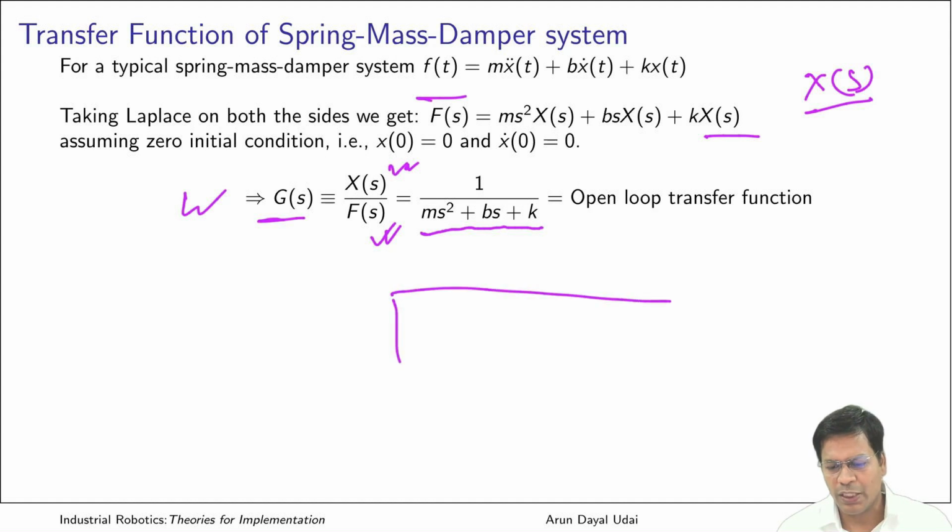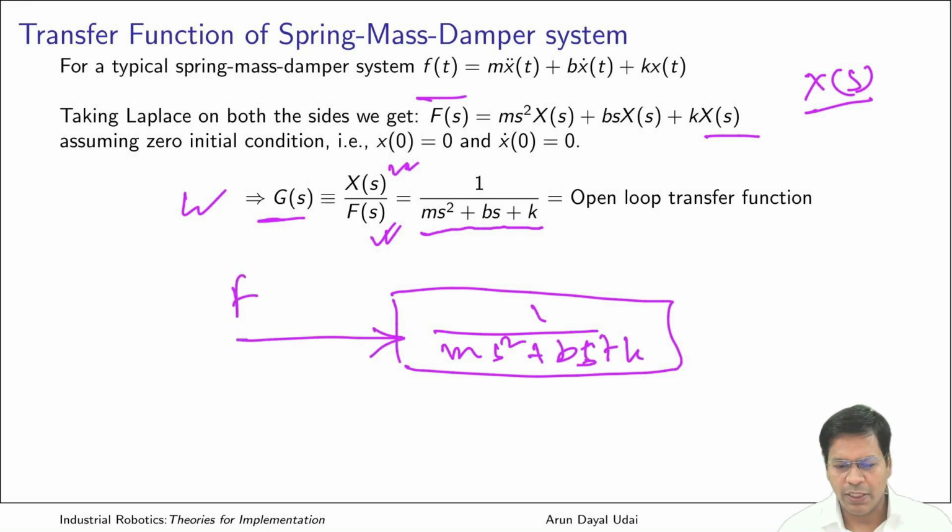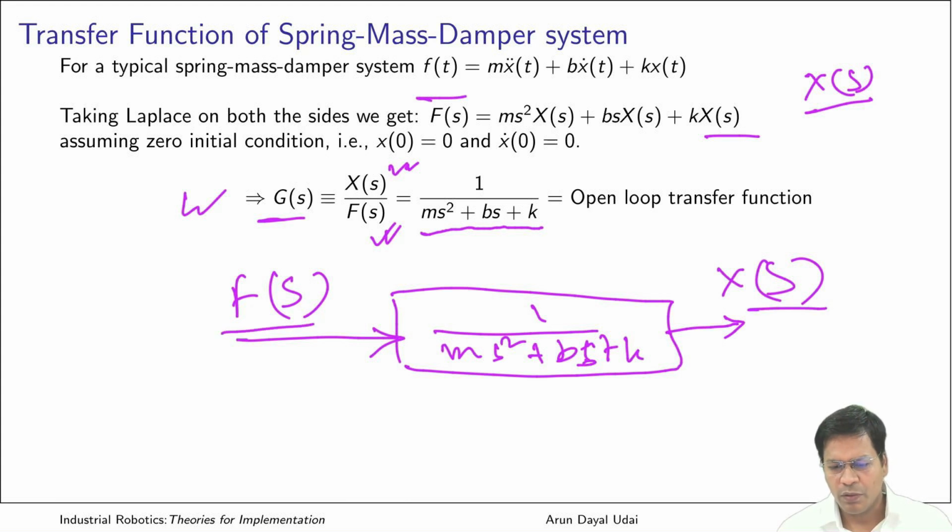So your block would say something like this: 1 by ms square plus bs plus k. The input that comes here is F(s), and the output that goes here is X(s). So output by input gives you the transfer function, that is G(s), which is here. This is what is meant by transfer function.